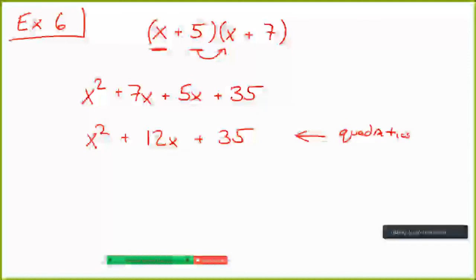So that's why I decided let's slow down a little bit. Let's not rush this. Let's take our time with multiplying these out together until everyone's feeling better. And that's it for example 6. Any questions or concerns?